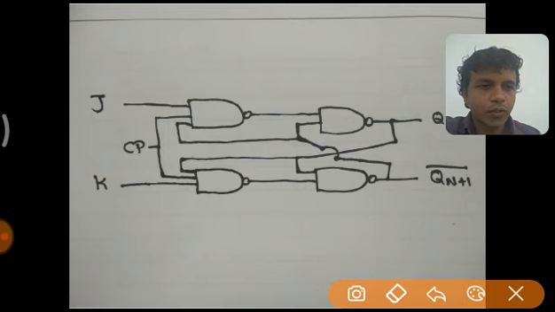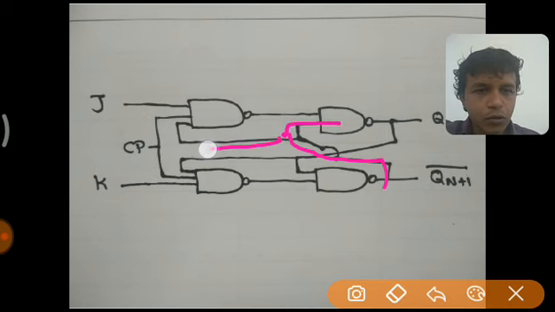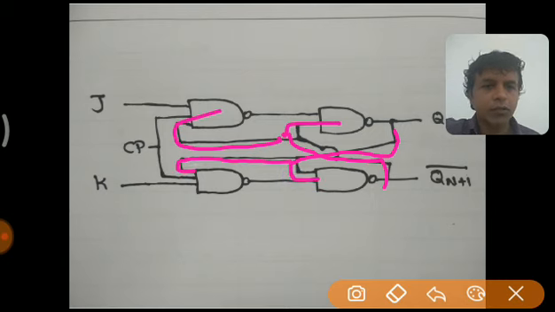Here from this point it is given as the input to this NAND gate and also to this NAND gate, and here from this point it is given as the input to this NAND gate and also to this NAND gate, to K.